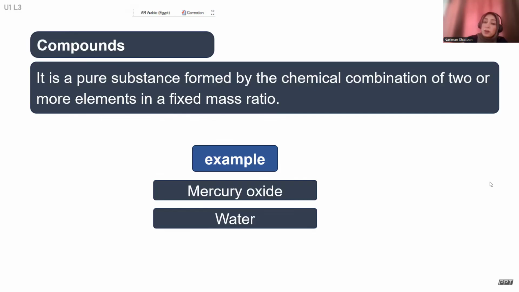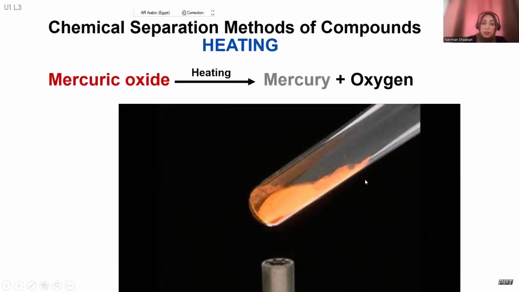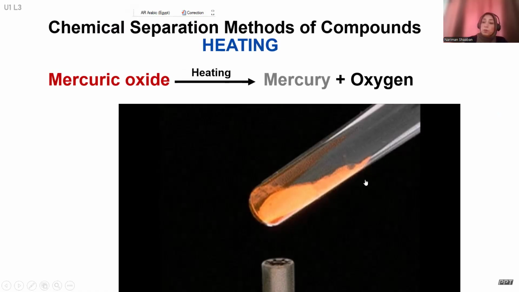For example, mercury oxide and water. Mercury oxide is an example of a compound because it comprises mercury and oxygen. We can separate mercury oxide by heating into mercury and oxygen.